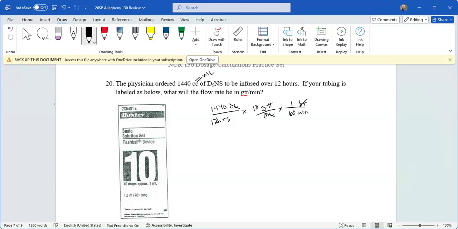If you ever get stuck on whether to multiply or divide, write it out, because in this instance, you want to divide by 60. When we were going from milliliters per minute to milliliters per hour, we want to multiply by 60. If you can just remember, if I want to go to hours, I multiply by 60. If I want to go to minutes, I divide by 60. That's perfectly fine too. It just depends on how you're setting up your problems.